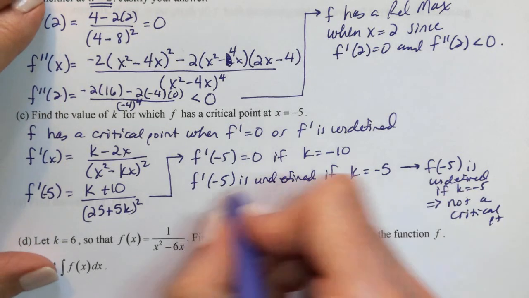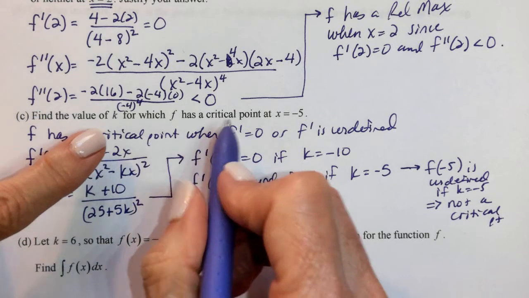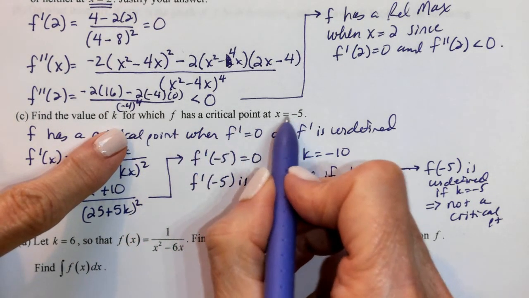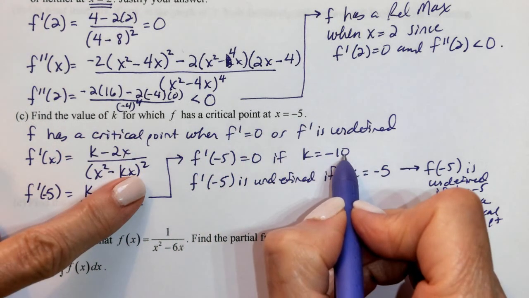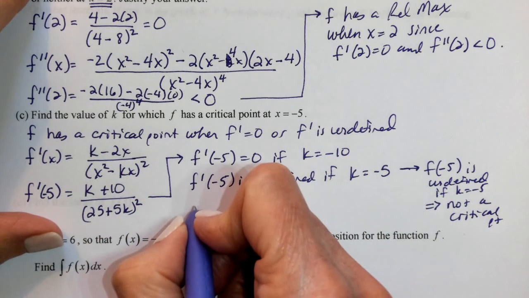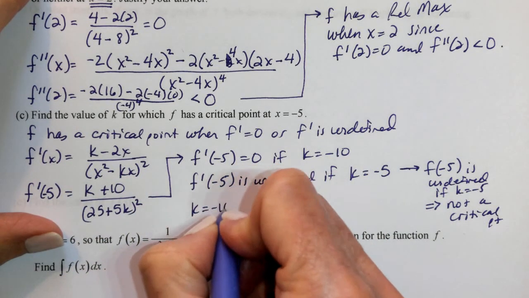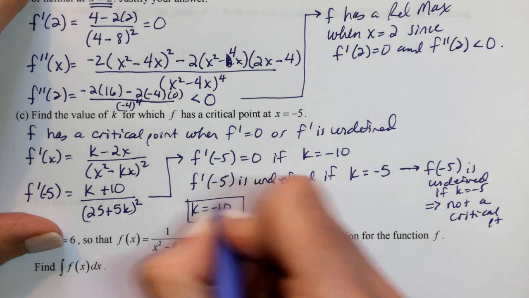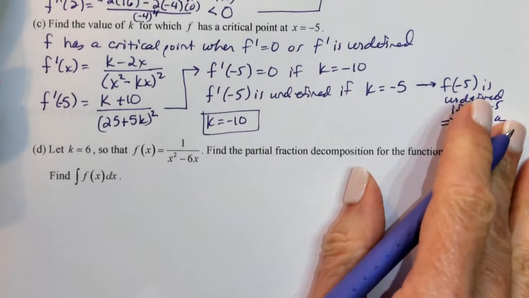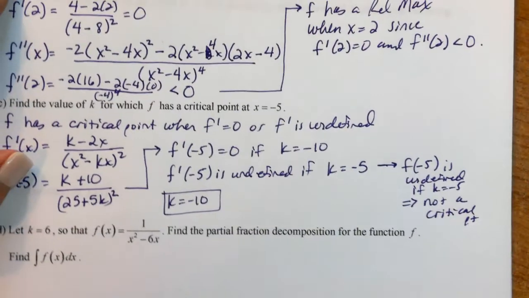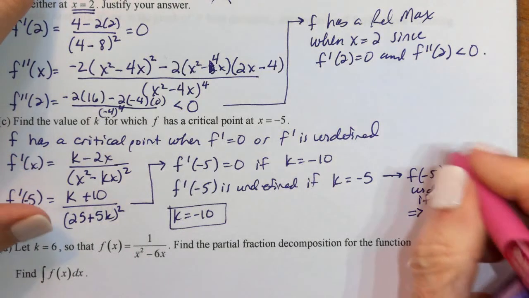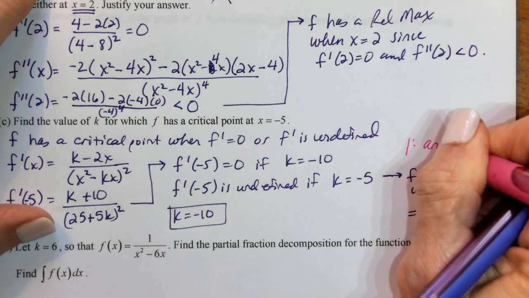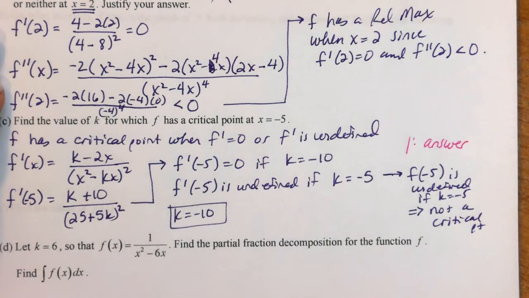So the only value of k that makes f have a critical point when x is negative 5 is k equals negative 10. So k equals negative 10 is the only value. That was worth just 1 point for the answer. Seems like a lot for 1 point.